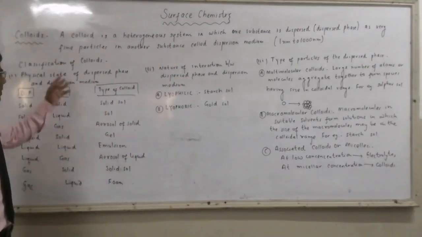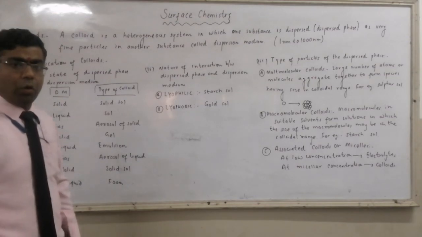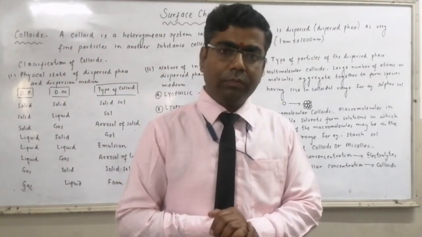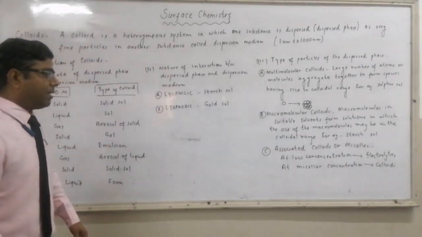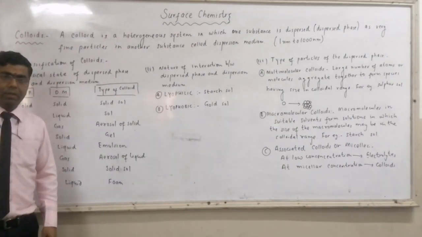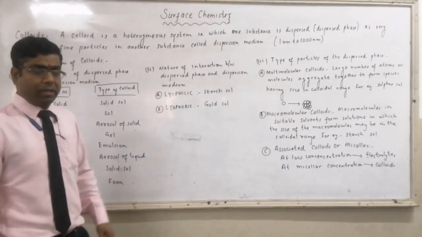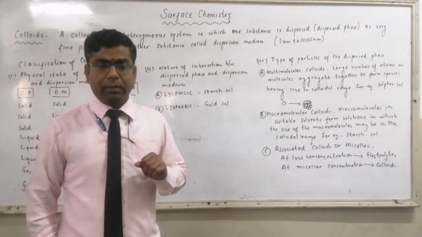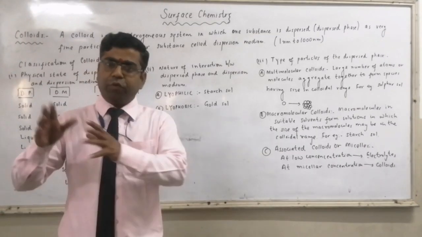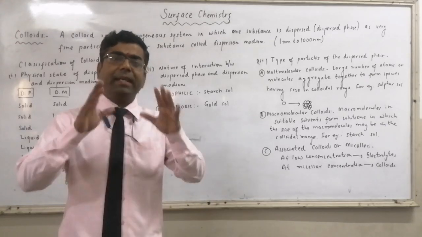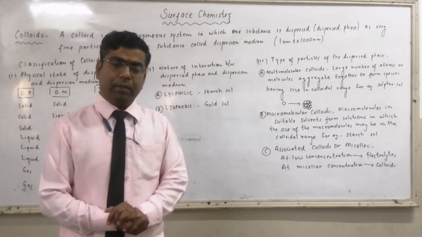Next is the classification. Colloids can be classified on three bases. Base first is the physical state of dispersed phase and dispersion medium. Like we classify solutions on the basis of physical state of solute and solvent. 3 states from solute, 3 states from solvent, 3 into 3, total 9 types of solutions are possible.